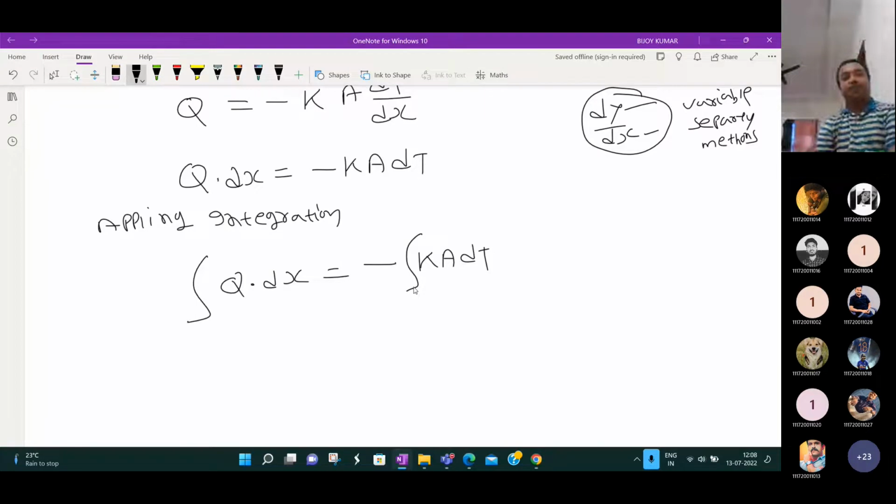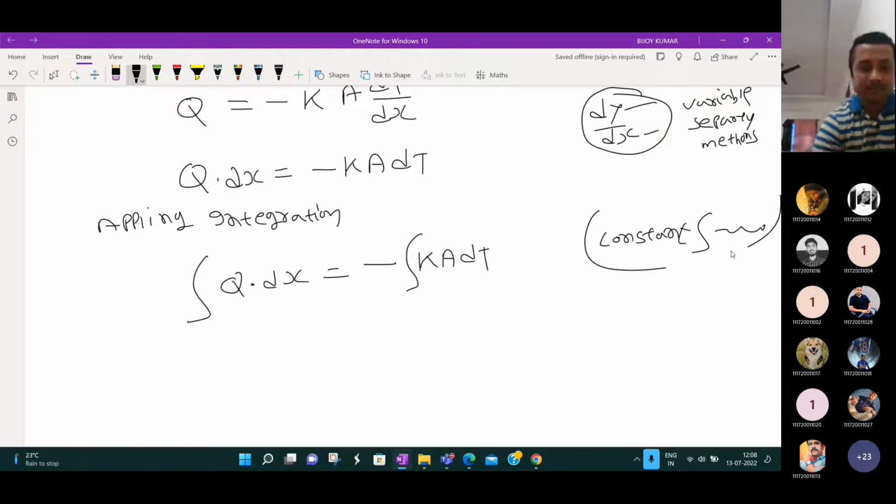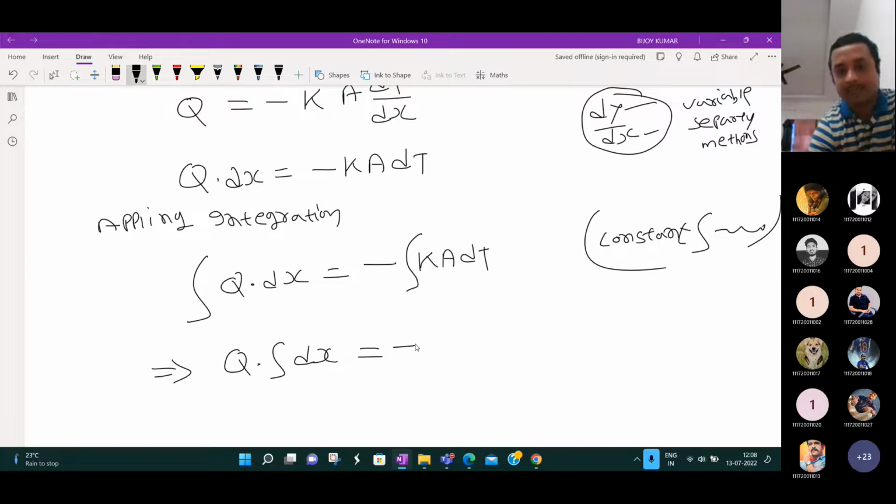In integration, we generally put the constant term outside the integration. Yes or no? So here I can write q into the integration of dx is equal to minus kA into the integration of dT. You can ask me why.